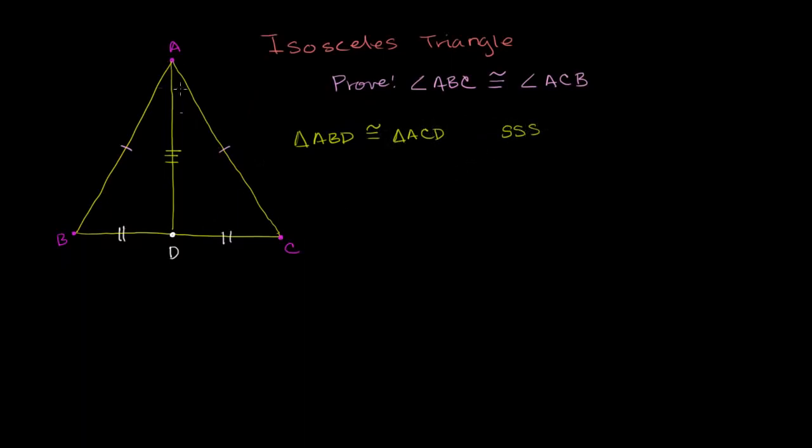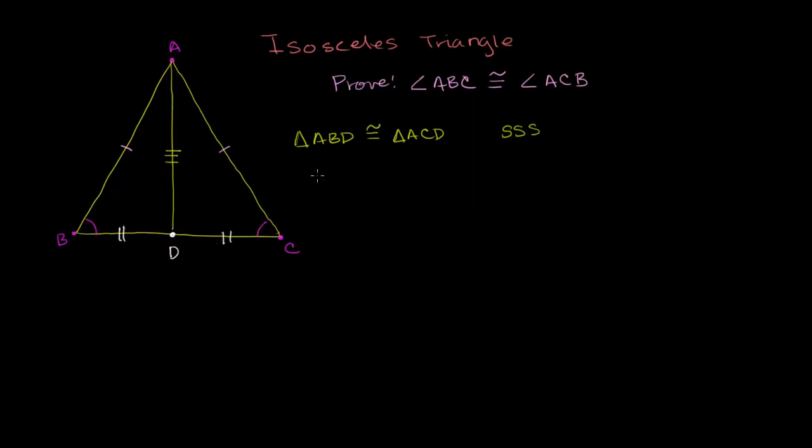You have two triangles that have three sides that are congruent, or they have the same length, then the two triangles are congruent. And what's useful about that is if these two triangles are congruent, then their corresponding angles are congruent. And so we've actually now proved our result, because the corresponding angle to ABC in this triangle, the corresponding angle to this is angle ACD in this triangle right over here.